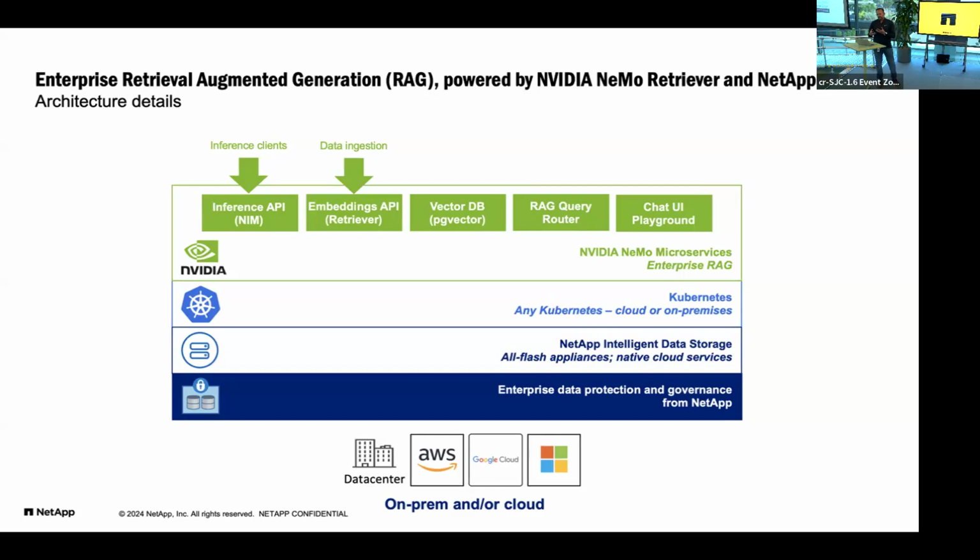One of the microservices we utilize is Inference AI, which provides the API for the inference clients to get the data. And then the same NIM, which is NVIDIA NeMo Inference Microservices, has the search, the inference API and also the engine. And also we have this retriever. Retriever connects the data source and the inference engine.